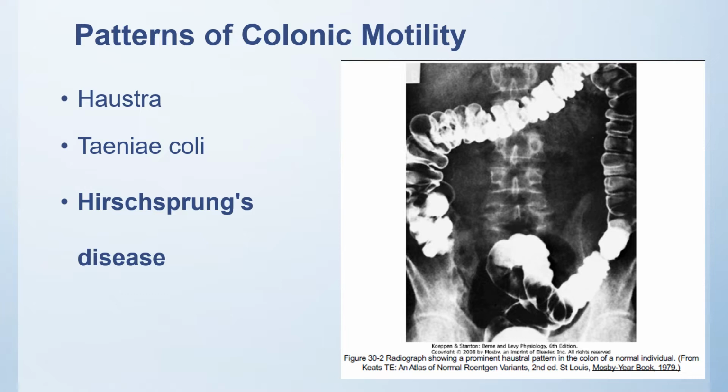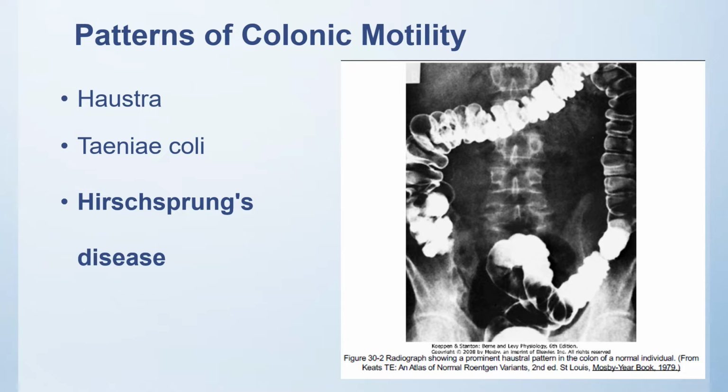So the affected segment completely lacks the plexuses of the enteric nervous system and the associated ganglia. So the segment that is aganglionic remains contracted and the lumen occluded. For the history of Hirschsprung's disease, this is usually more common in childhood, wherein the child may present with constipation with alternating diarrhea.